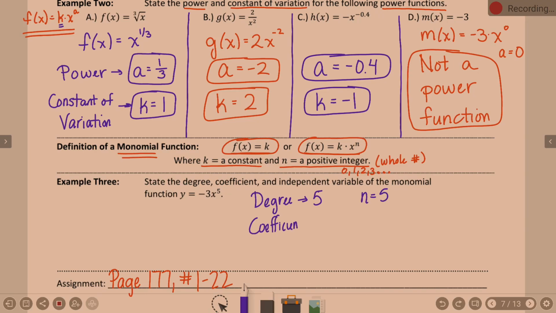Coefficient. -3. Coefficient is -3. It is the number out in front of the variable portion, yes? In this case, and based on definition, it's also our K value. And then, what is the independent variable?